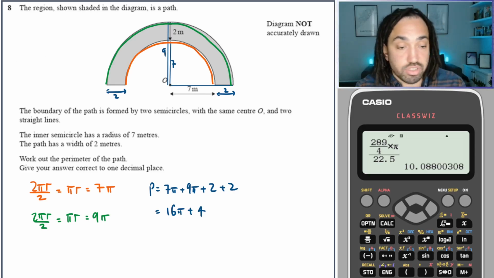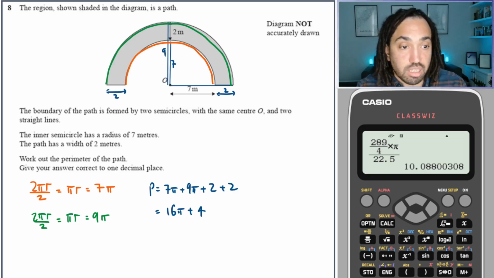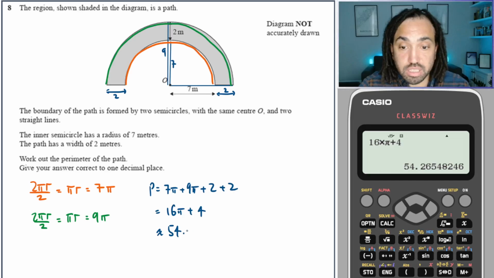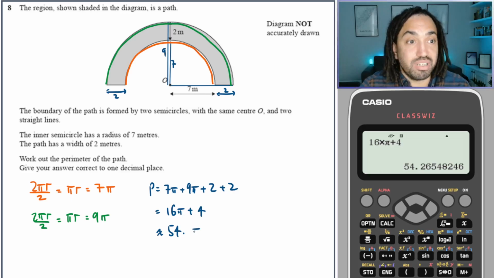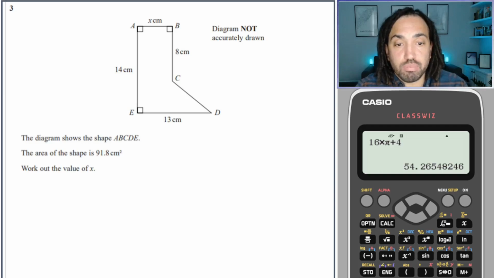It asks us to give it to one decimal place, so I've already put that into my calculator. 16 times by pi and then plus 4 gives me approximately 54.27. It's to one decimal place, so approximately 54.3. Perfect.